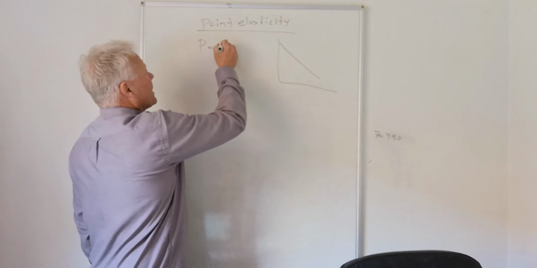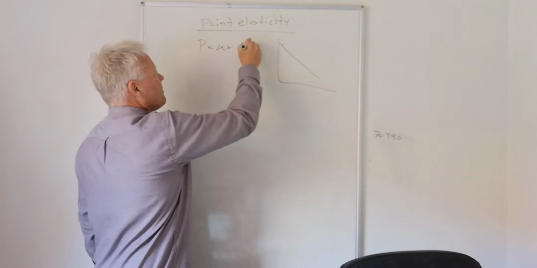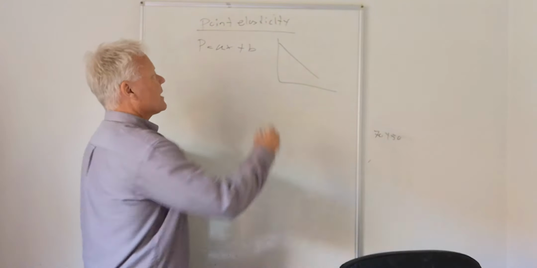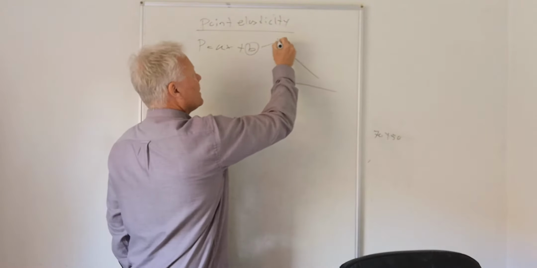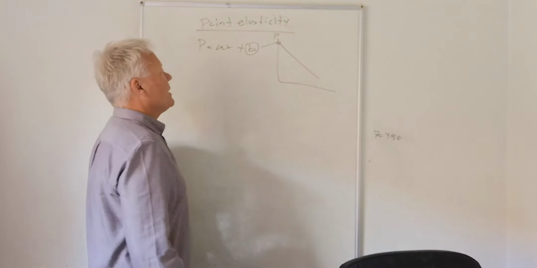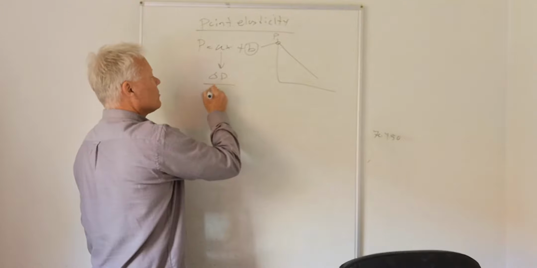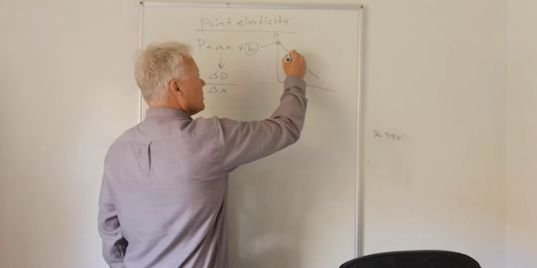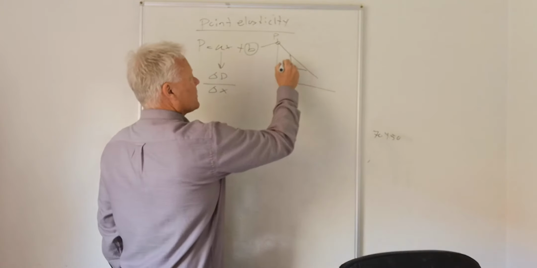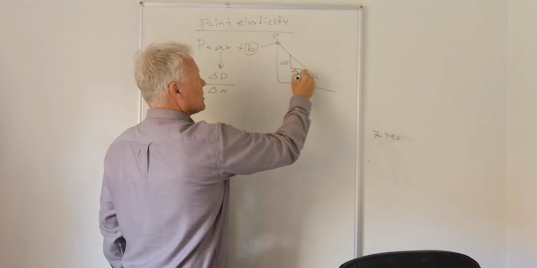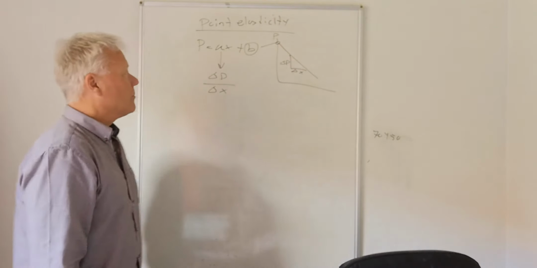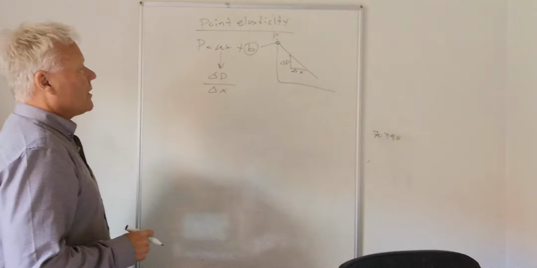Normally we write it like this: AX plus B, where the intersection up here at the p-axis is the B, and the A is the slope, the change in price over the change in number of units sold. That's the slope. This is the ordinary.